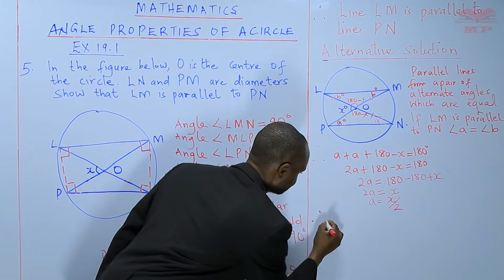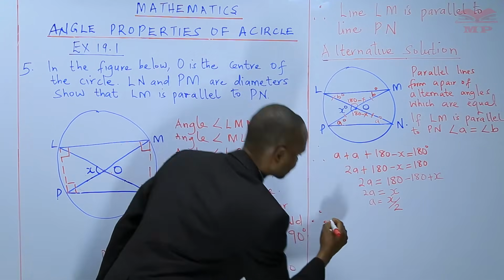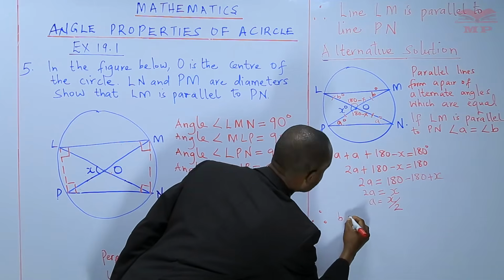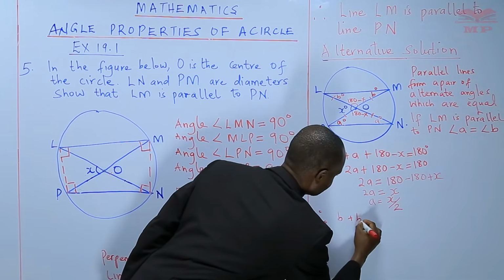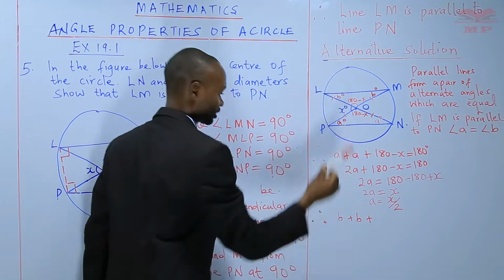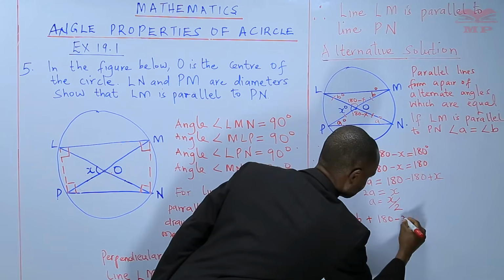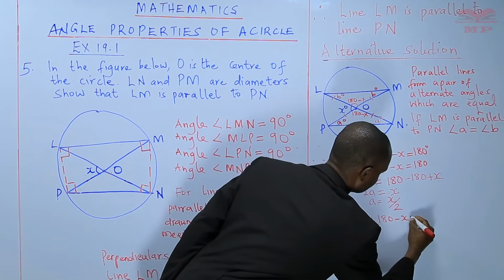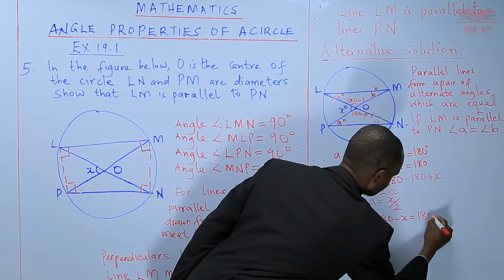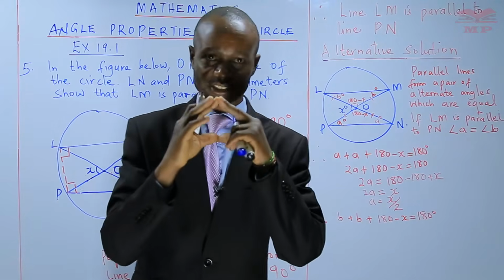So right from what I did here, from the diagram, B plus B plus 180 minus x will give us 180 degrees, because those are three angles in a triangle.